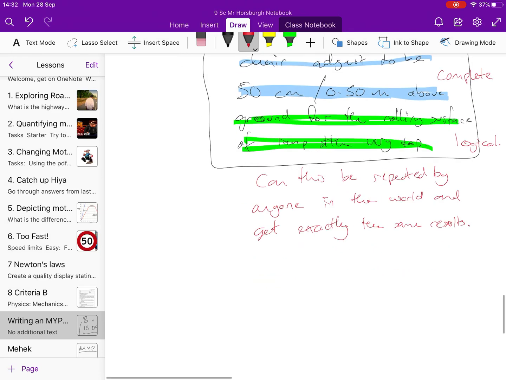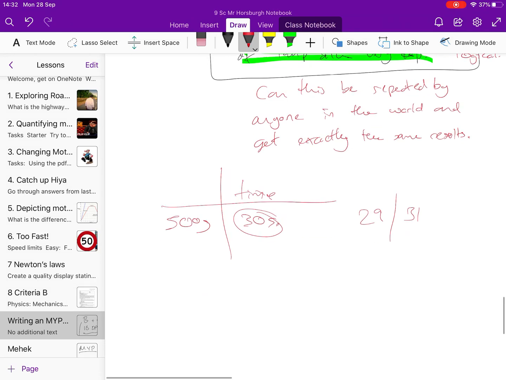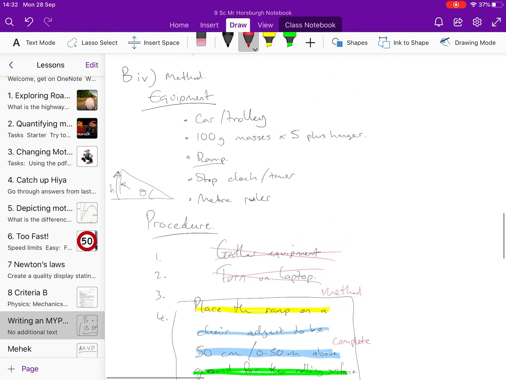So if you're specific enough, if you talk about the mass and the length of the ramp and the height of the ramp, anyone in the world could repeat your experiment and say, yeah, when the car was 500 grams, the time was 30 seconds. They don't get 29 or 31, they get 30 like you did. So the method is so precise that they can get it exactly the same. So that's what your method needs to be, as detailed as possible.